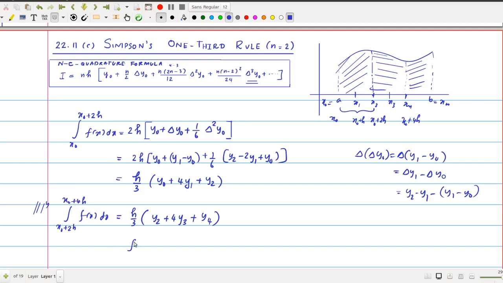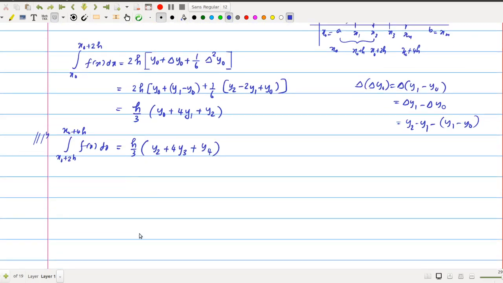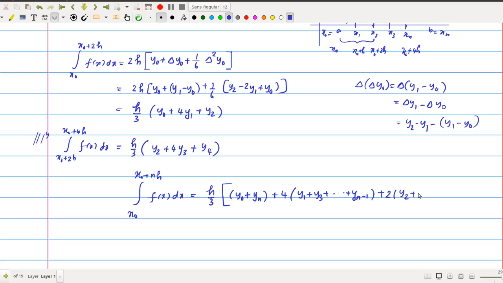So finally you will get the integral from x0 to x0 plus nh of f of x dx becomes h by 3 times y0 plus yn plus 4 times y1 plus y3 plus etc. plus yn minus 1, plus 2 times y2 plus y4 plus etc. yn minus 2.